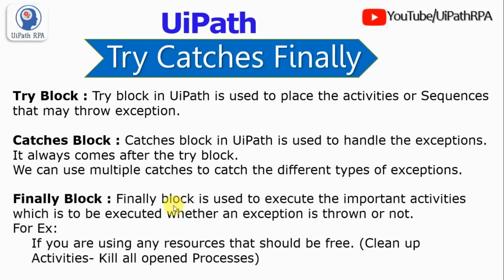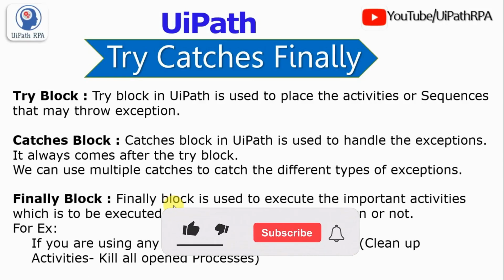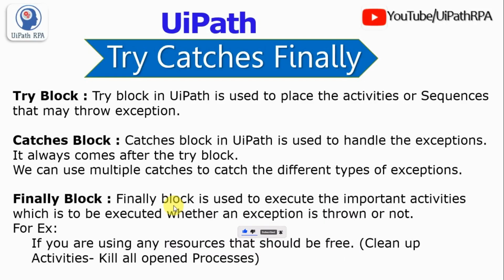Now the last one is the finally block. The finally block is used to execute the important activities which must be executed whether an exception is thrown or not. For example, if you are using any resources, they should be freed, right? Like cleanup activity code, something like kill all open processes. All of that should be written in the finally block.